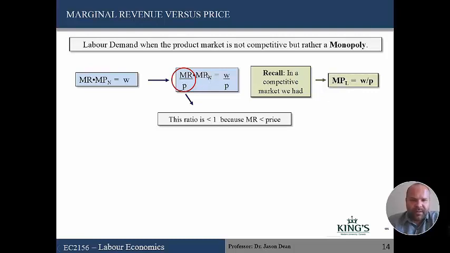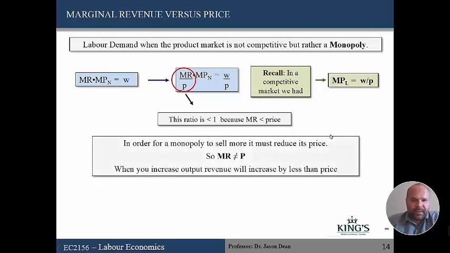But we can see they're the same thing. The only difference between the two is this term here, and we know that it's less than 1. So that's telling us that the labor demand curve is going to be more inelastic for the monopolist compared to the firm in a perfectly competitive industry.